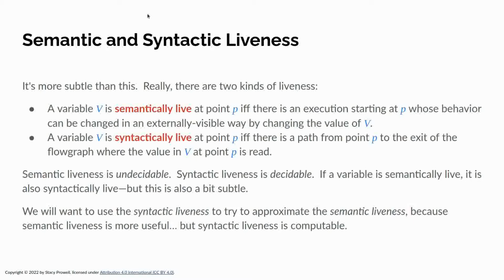And what we would like is to be able to say that a variable is semantically live only if it is also syntactically live. So if I do my analysis to look for syntactically live variables, I'm going to get some that are actually semantically dead, but I'll get all the ones that are semantically live, and that may be good enough for me, right?